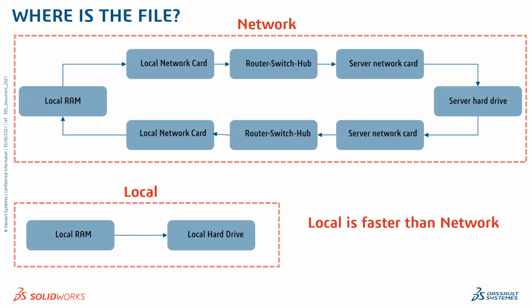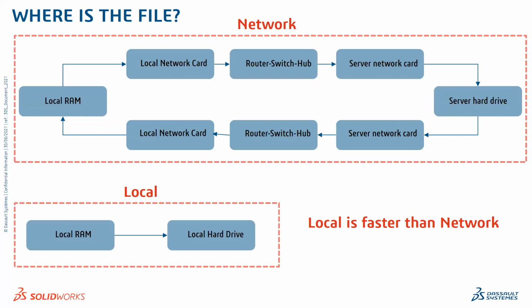When you access a network, from your local machine's RAM to the server hard drive, the data needs to pass through various stages, for example the server network card, router, switch, hub, and local network cards. All these stages it needs to cross to reach your local RAM, and from the local RAM it opens. In the case of local, it goes directly from the local hard drive to local RAM.